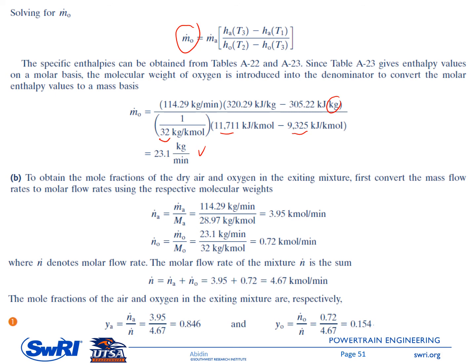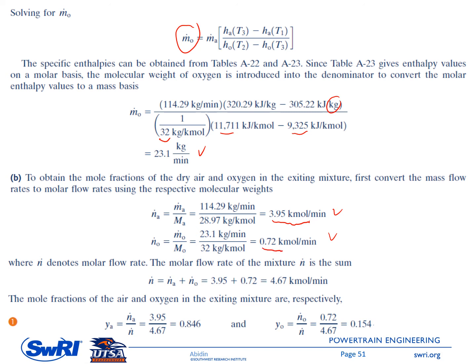And then to obtain the mole fraction of the dry air and oxygen in the exiting mixture, first we need to convert the mass flow rate to molar flow rate using this formula. So just divide by the molecular weight of the corresponding component. So you will get the molar flow rate for dry air of 3.95 kilomole per minute, and this is for oxygen.